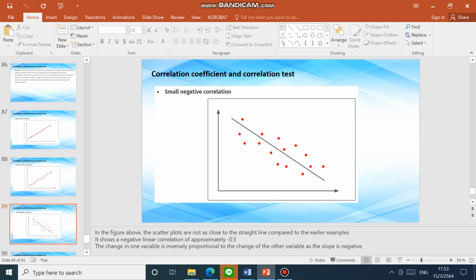The change in one variable is inversely, meaning opposite direction, proportional to the change of the other variable, as the slope is negative. You see, x increases but y decreases, with the negative correlation.